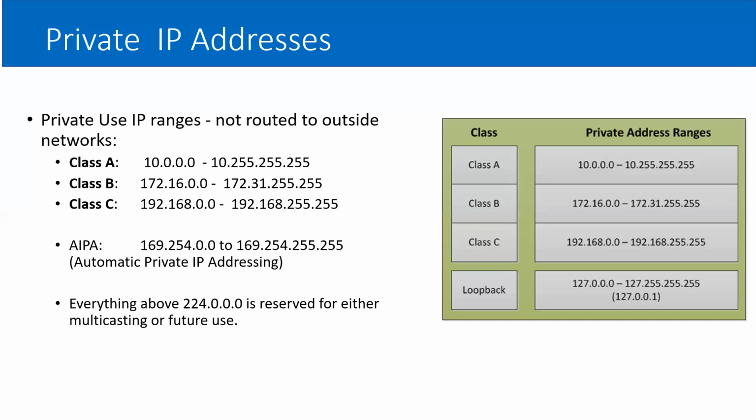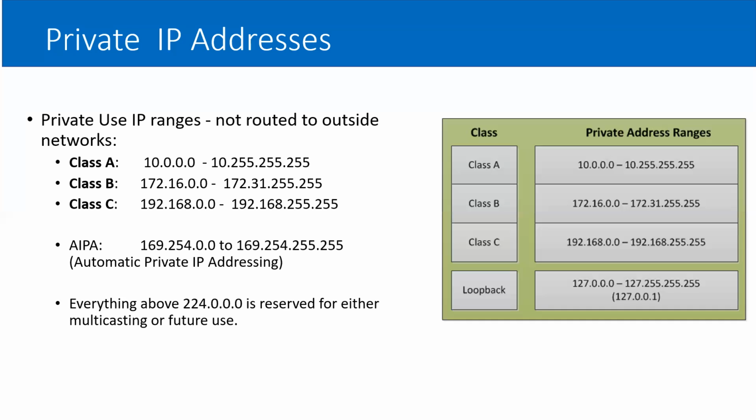I'm going to drop to the bottom right in the green box. You'll see something called loopback. That's 127, any address that starts with 127. Loopback is where you're doing some activity on your device and you want to display the results to your device. So it's like you're simulating a network, but you're displaying the results back to your own workstation.